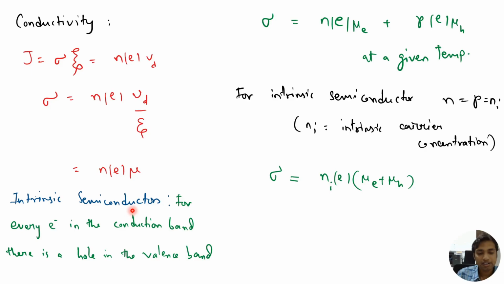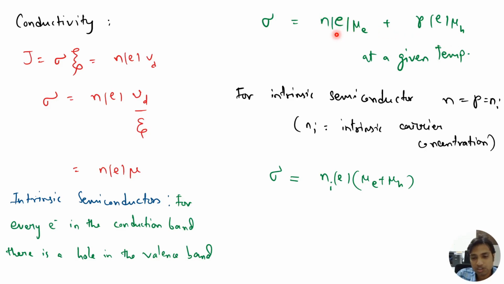For intrinsic semiconductors, for every electron in the conduction band, there is a hole in the valence band, and the conductivity is given by, so there are two species, electrons and holes. The magnitude of charge of an electron is the same as the magnitude of charge of a hole, and mu E and mu H are the mobilities of the electrons and holes.